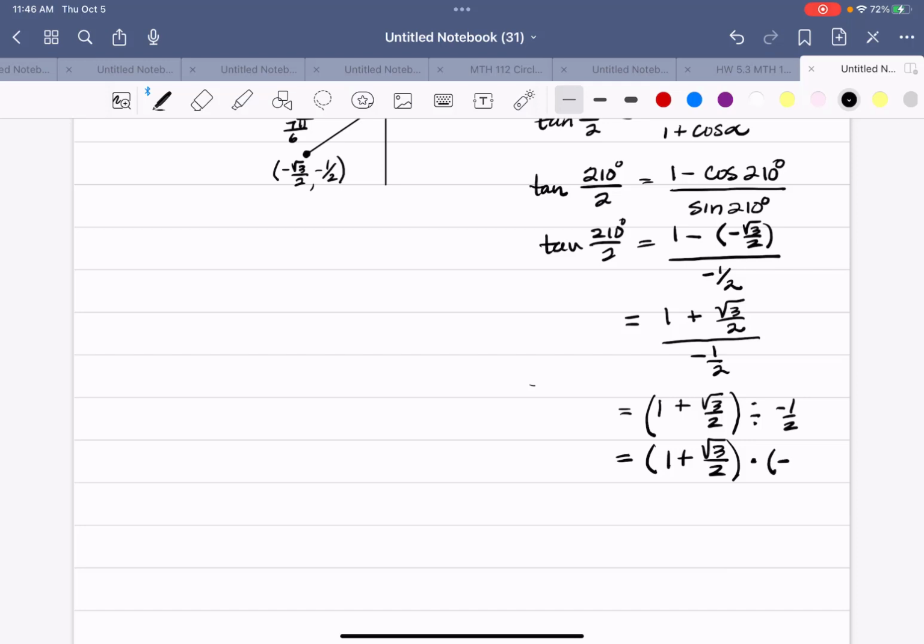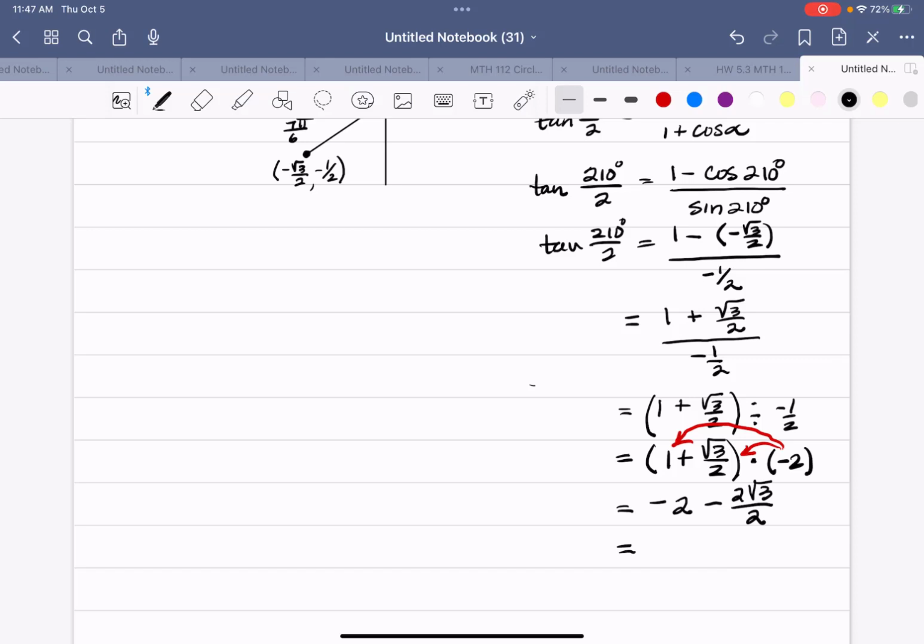times negative 2. And since we have addition, this is the distributive property, and I have to multiply negative 2 times both of these. And that's going to give me negative 2, and a negative 2 square root of 3 over 2.